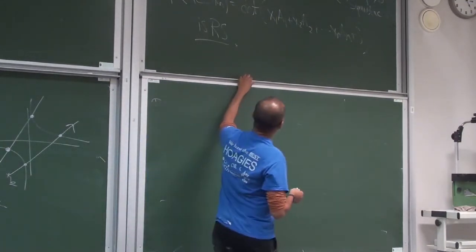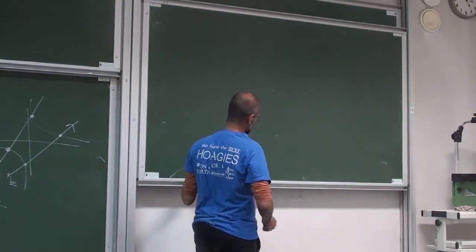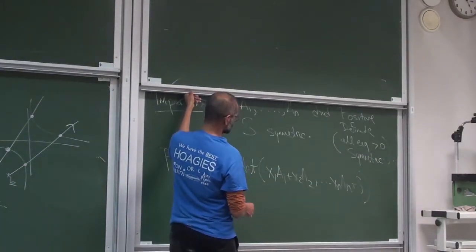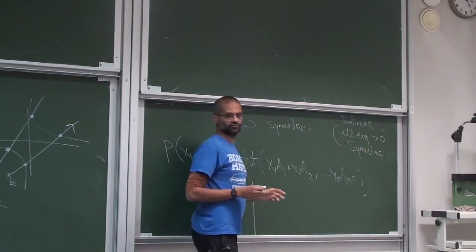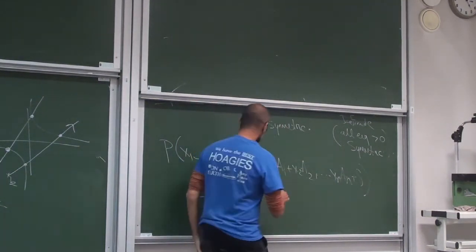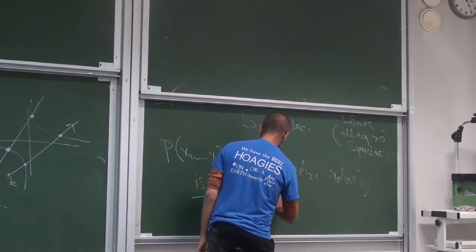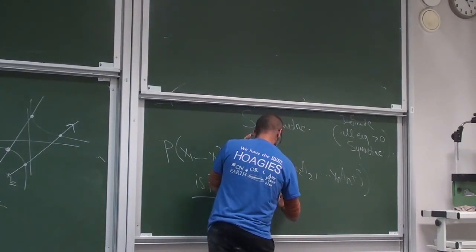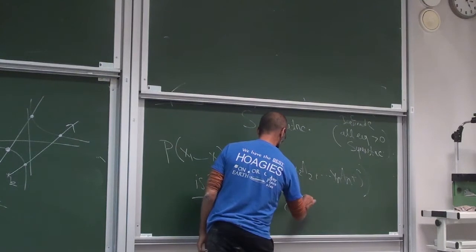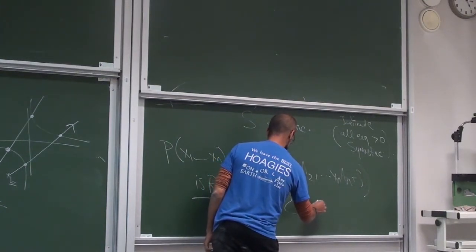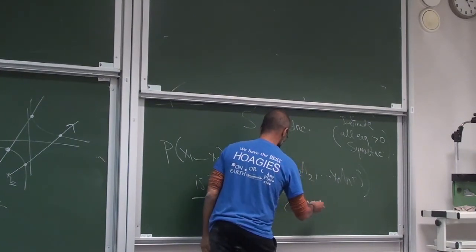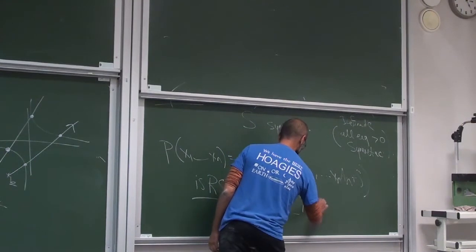Okay, maybe I should say what's important about positive definite matrices. The most important thing about positive definite matrices, according to me, is that they have square roots. So if you have a positive definite matrix, well, it's symmetric, so you can diagonalize it like this.